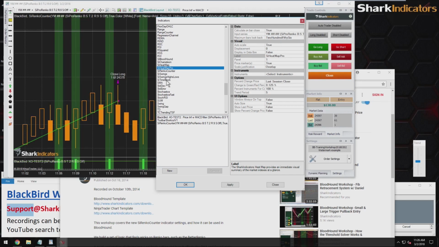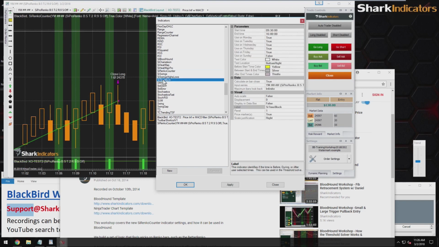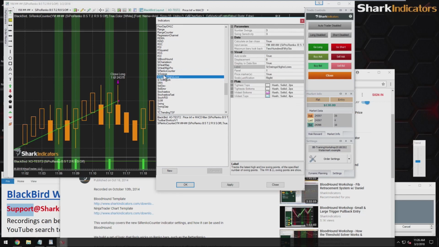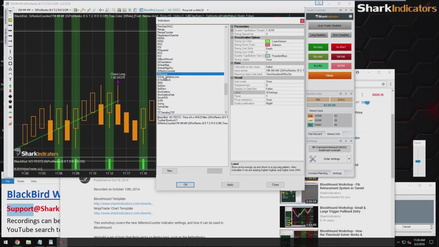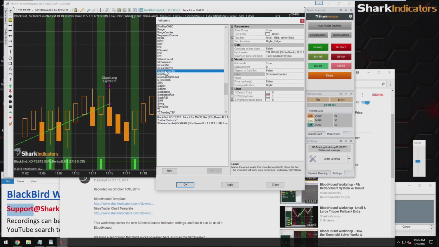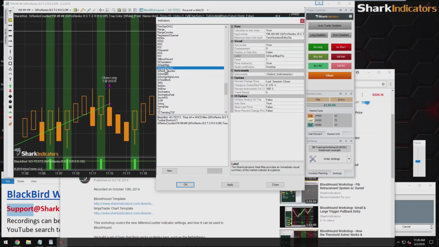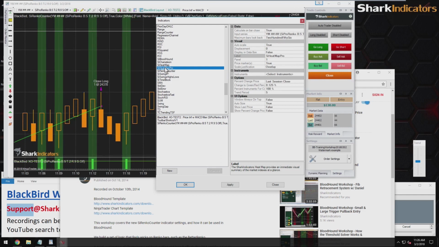So they're all just little freebie indicators to help support BloodHound, right? So time block, free indicator, swings, highs, lows, free indicator. The swings indicator is included. The renko counter is included. Of course, the heat map, that's a separate product, so that is not included.